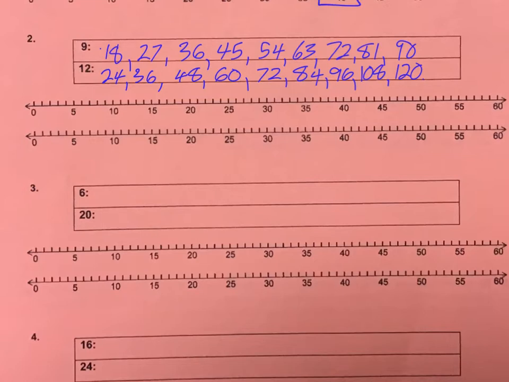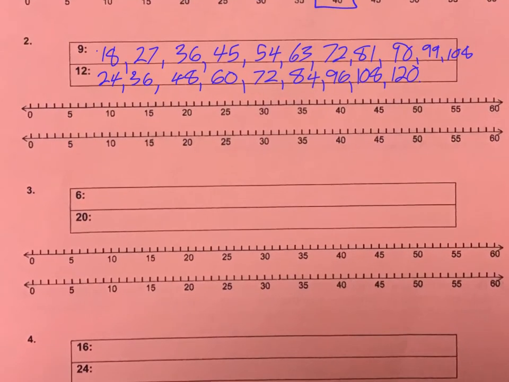We'll go back up here, and this one would be 99, and then we've got 108. Oh, okay. So I can see now that there's an overlap at 108 and 108. So there we go. We're going to use that one as our lowest common multiple.